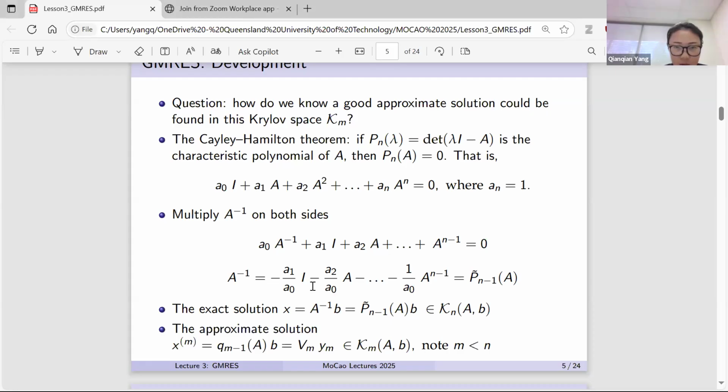Now let's have a look at this bit. Again, you can see that this is a polynomial of degree n minus 1.